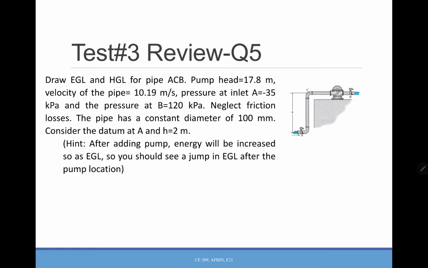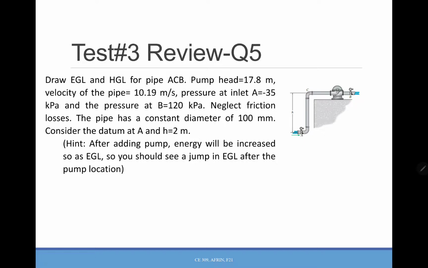Okay, so question number 5, draw EGL and HGL for pipe ACB. You have pump head 17.8, velocity in the pipe 10.19, pressure at inlet at 30 kPa, and the pressure at B. So what you will do for this one, you need to draw the EGL and HGL.